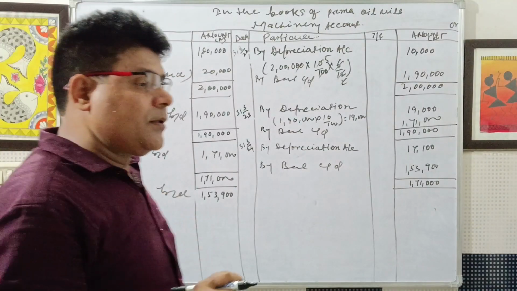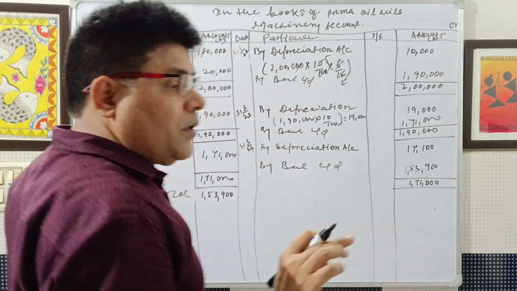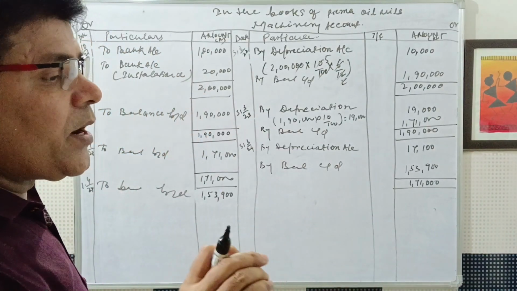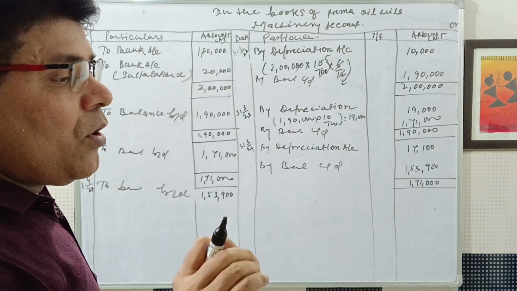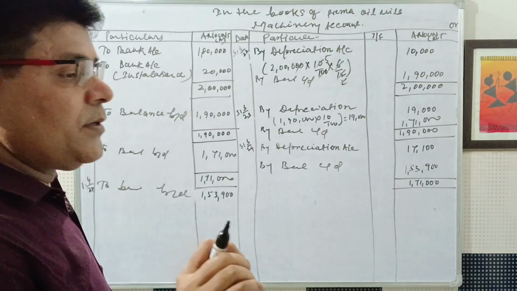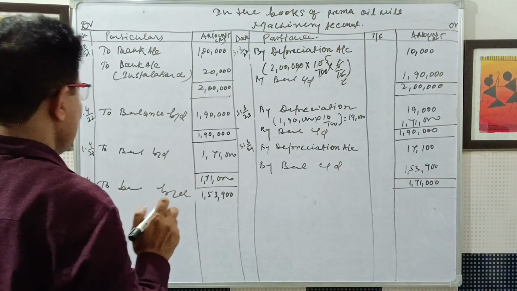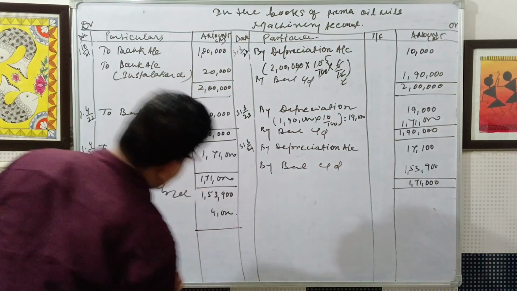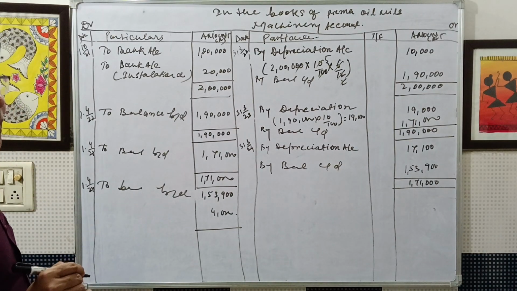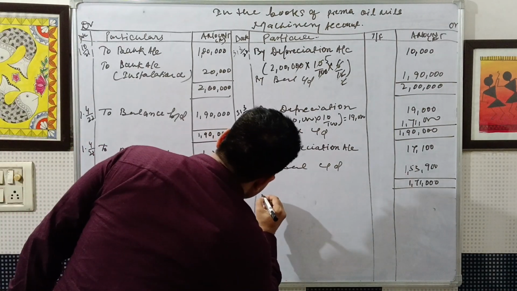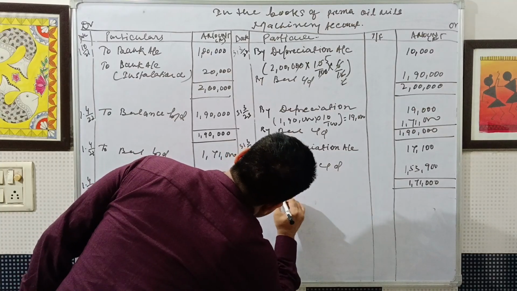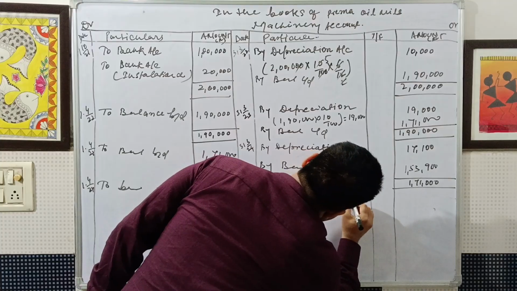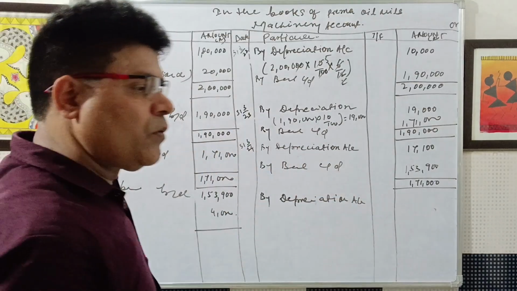But in this year, on 30th September 2024, the machinery was discarded and sold for 1,40,000, and an amount of 4,000 was paid as dismantling charge. So this 4,000 is an expenditure, so you write down here the 4,000. Okay. Now we have by depreciation account, and by sale, why sale?